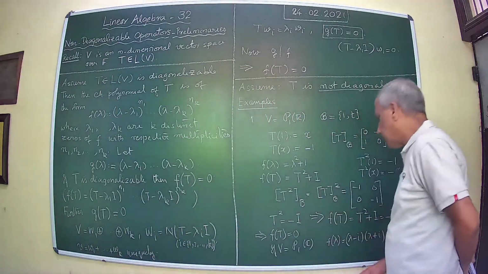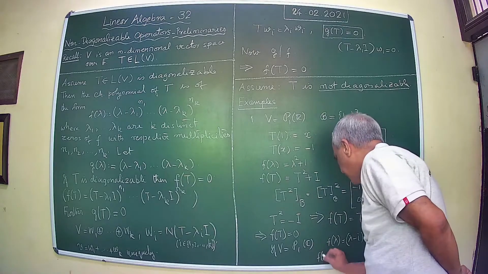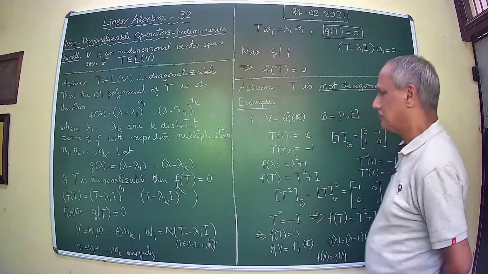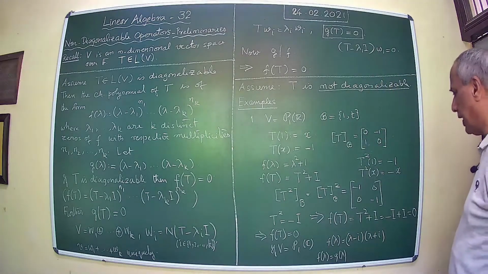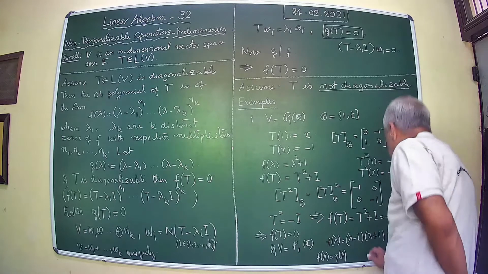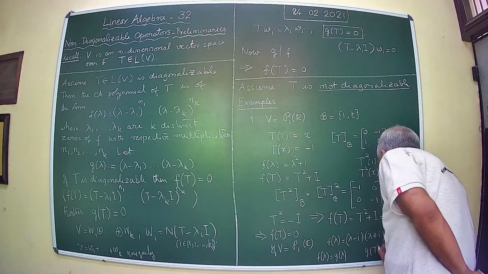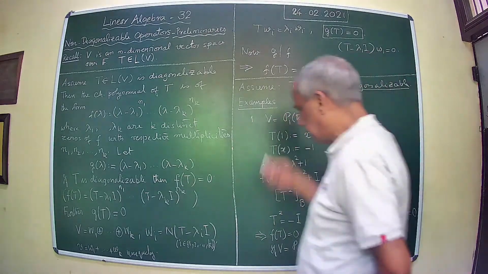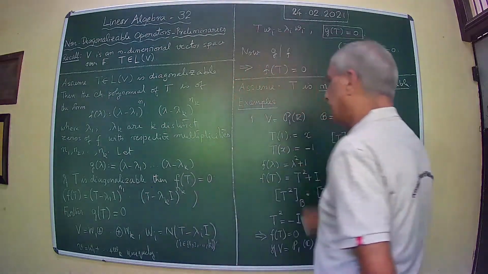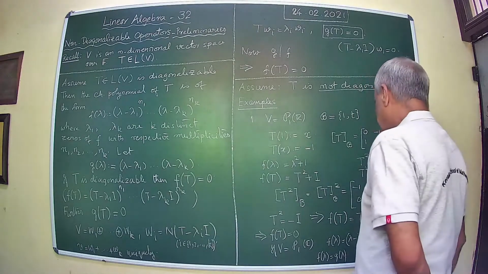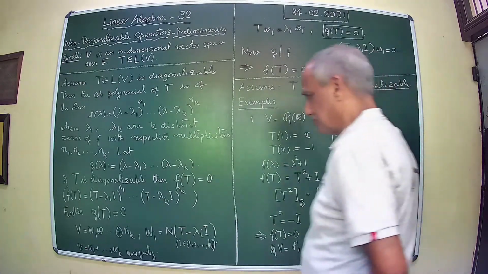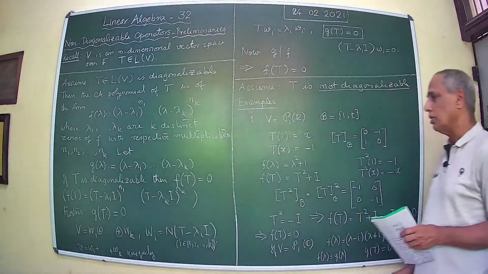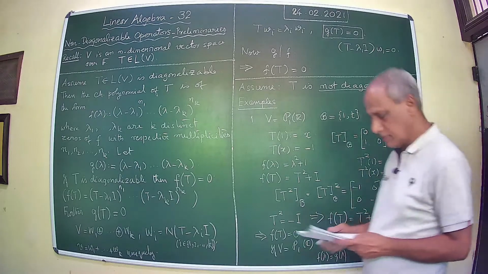So in this case, what about f lambda equal to g lambda? Okay, and f of T is 0, so g of T is also equal to 0 in this case, because in the case of P1R, g is not defined, since f does not split into the product of linear factors.